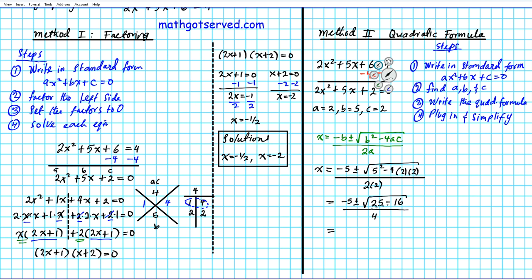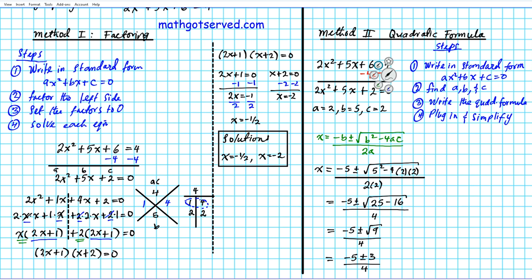We have to simplify that completely and then take the square root of it, because square root is a power, a fractional exponent. So we also have to resolve that first before adding, subtracting, and dividing. So negative 5 plus or minus the square root of 25 minus 16, which is 9, divided by 4. Simplify further, we get negative 5 plus or minus the square root of 9, which is 3, over 4.